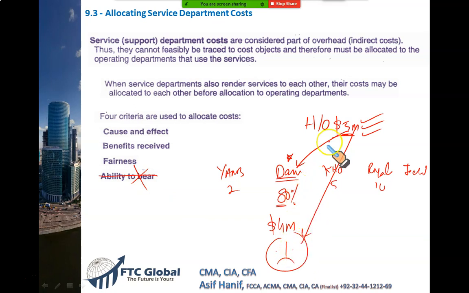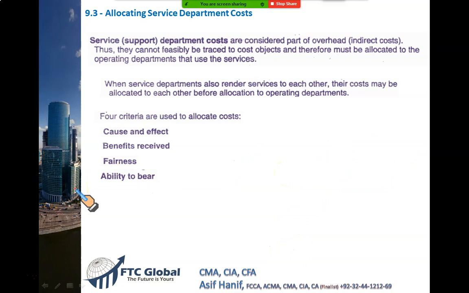You are charging more cost to one department because it is doing well. You should charge Yanbu, Khobar, Riyadh, and Jeddah as well. Why are you treating Dammam badly? This is a bad approach. You should never use that. Your first priority should be to use cause and effect, the best method.